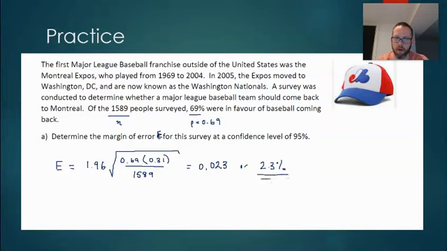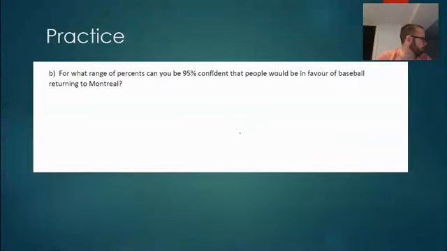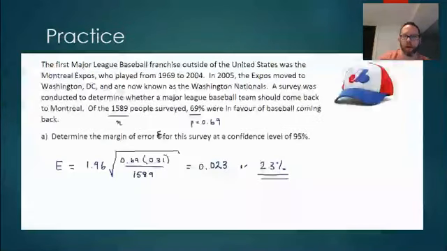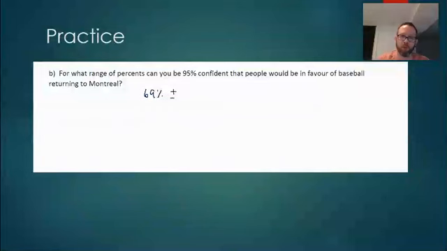2.3%. The margin of error, 2.3%. This statistic, 69% in favor of baseball coming back, is accurate within 2.3%. To make our confidence interval, we just take 69% and add and subtract this margin of error, which was 2.3%.